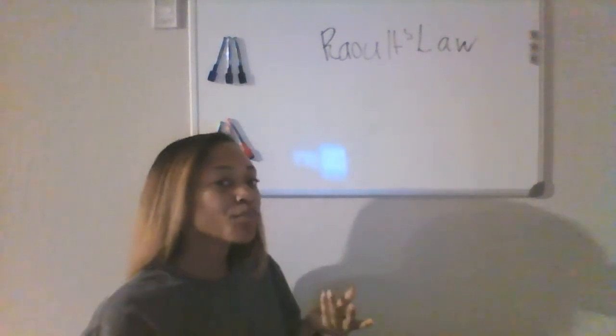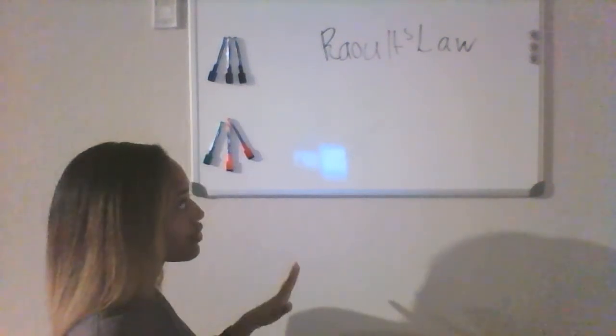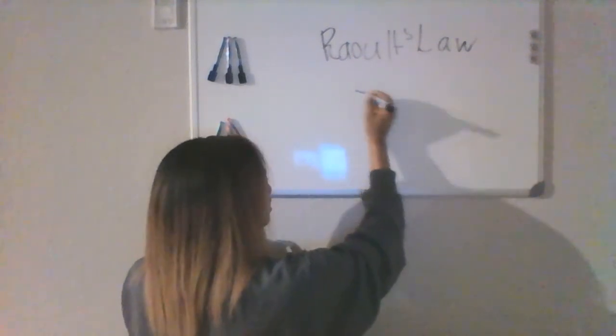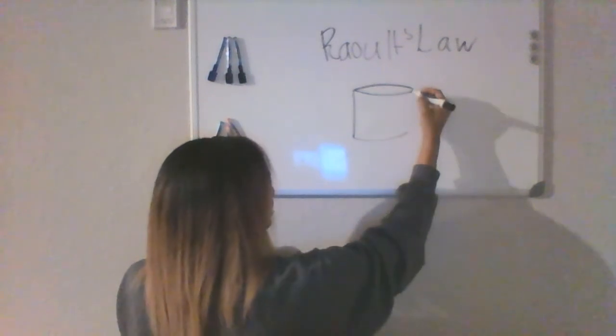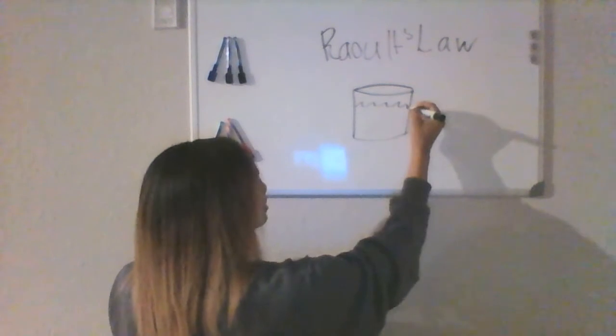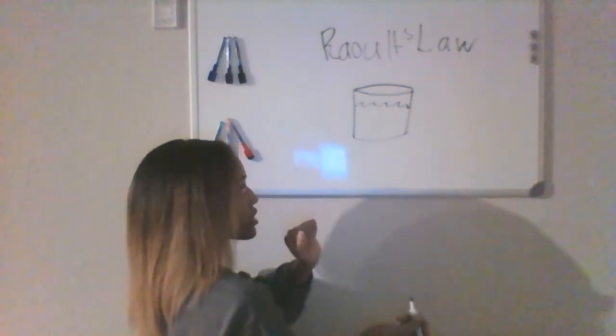All right, so basically, Raoult's law states that the more stuff you add to a particular fluid. So let's say you have this cylindrical container and it's brimming with fluid. So Raoult's law pertains to the fluid inside this container.